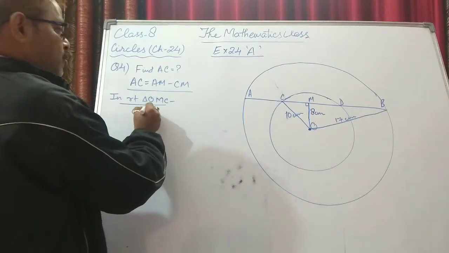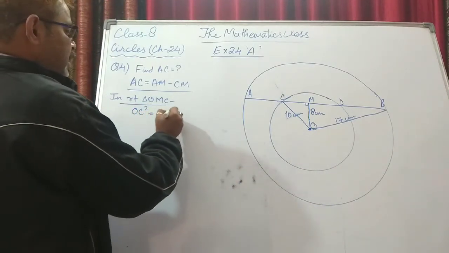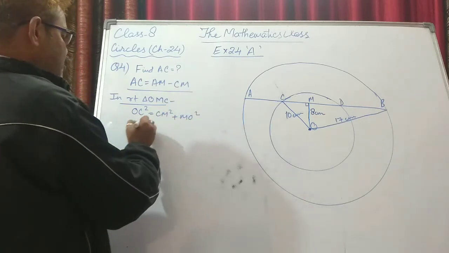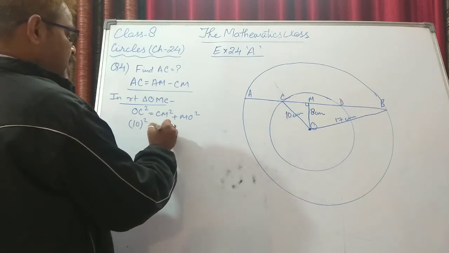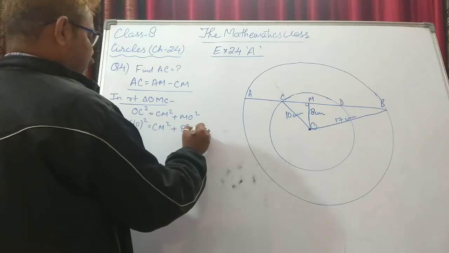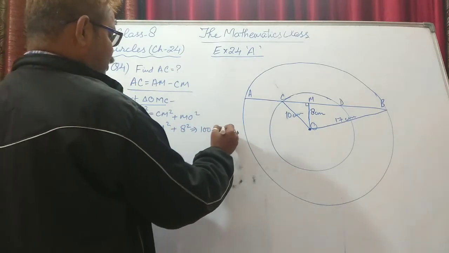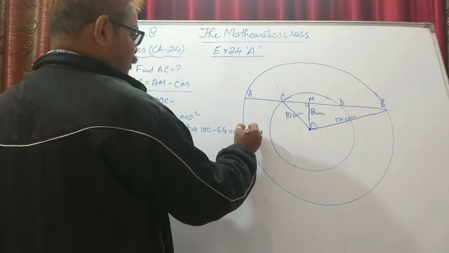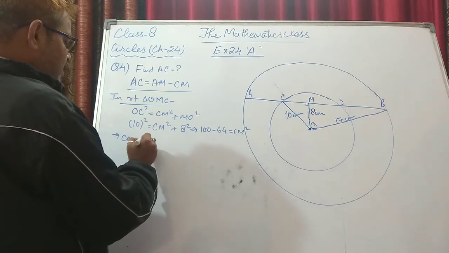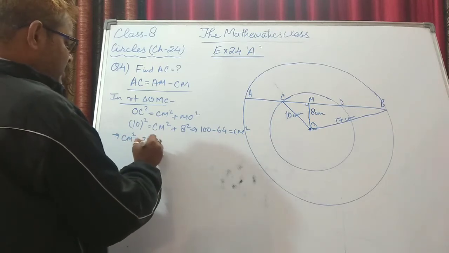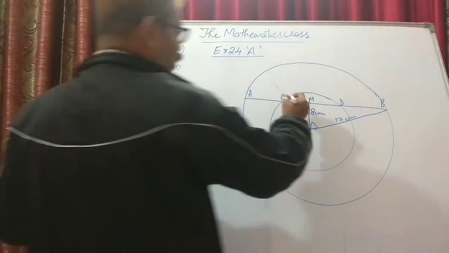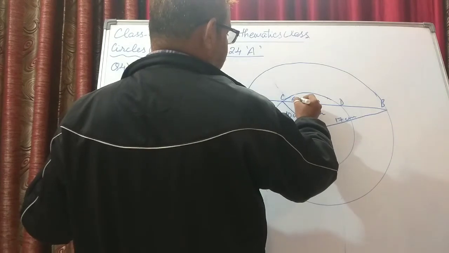So OC square is equal to CM square plus MO square. OC is given 10. So 10 square is equal to CM square plus OM is 8, so 8 square. It means 100 minus 64 is equal to CM square, which is 36, implies that CM is equal to 6 centimeter. So we got the value of this as 6 centimeters.